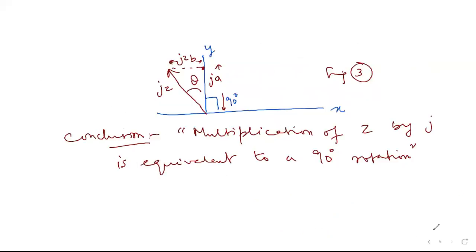So multiplication of z by j is equivalent to 90 degree rotation in counterclockwise sense or anticlockwise sense, right? So you need to remember this because it is important. Let us move to next thing.